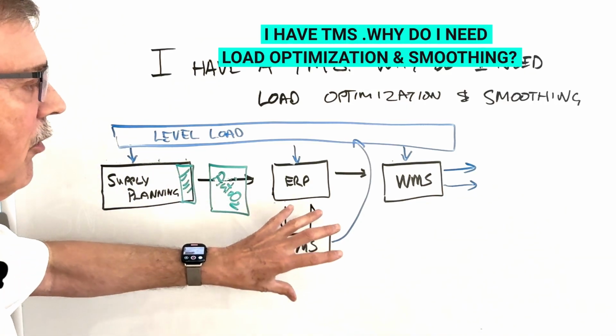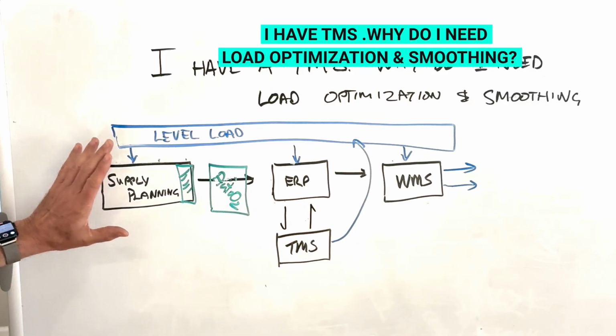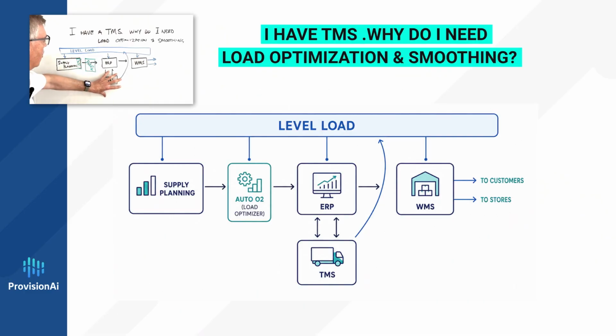And there's a penalty, obviously, the deeper you go into the routing guide. So when we look at the network, the TMS is an essential part of the network, but it's much more transactional rather than optimization of the network and driving the savings that you need. That is the difference between a TMS, load builder, and level load applications.